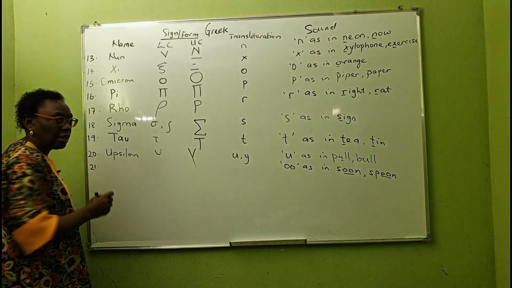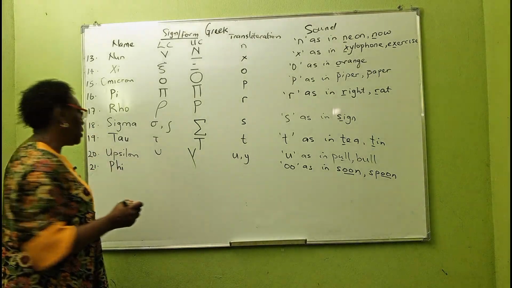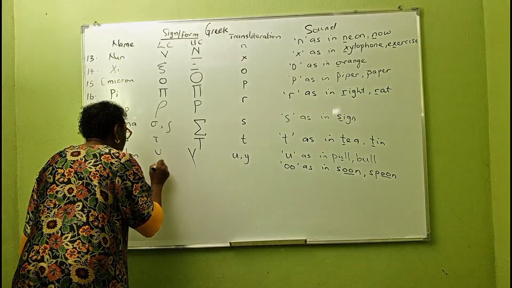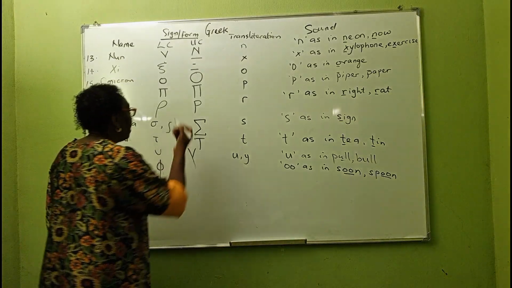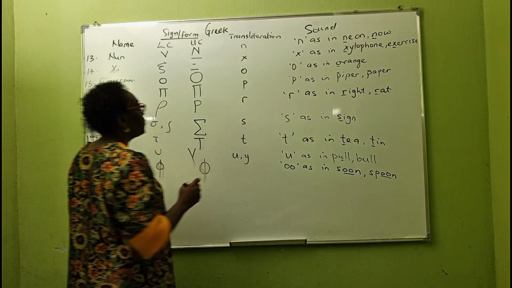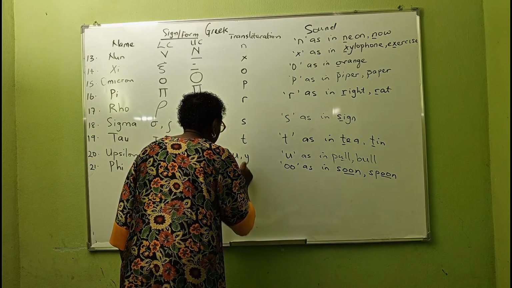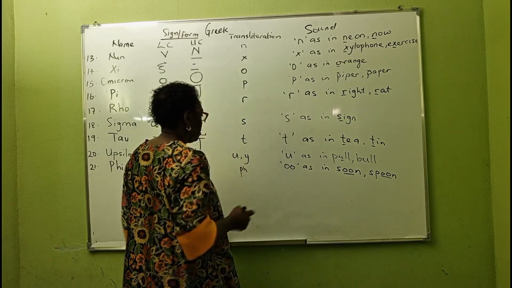The other one is phi. We write phi like this and cross it this way. The capital letter, which is the uppercase, is just bigger. And that's your phi. In transliteration, we usually put ph.